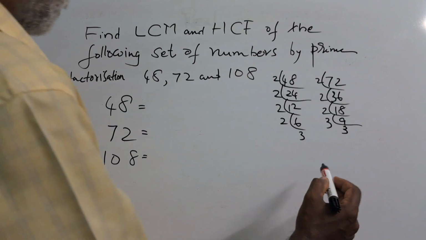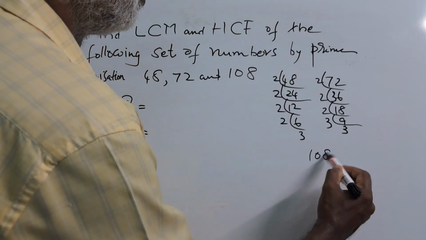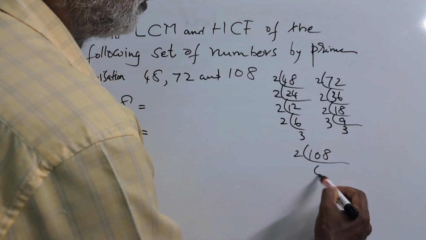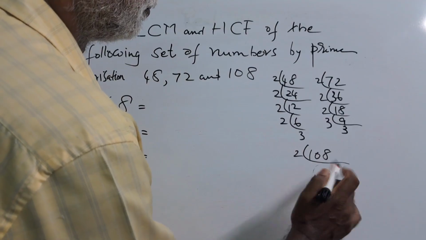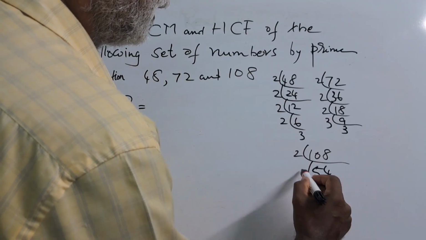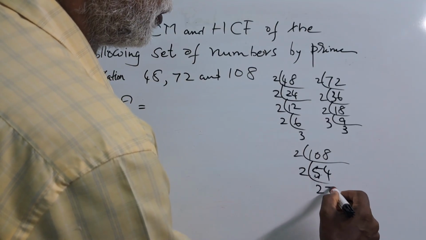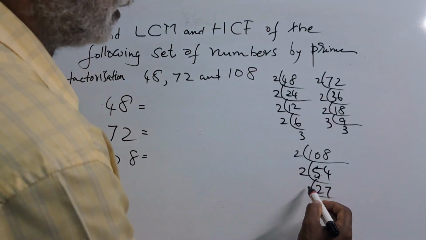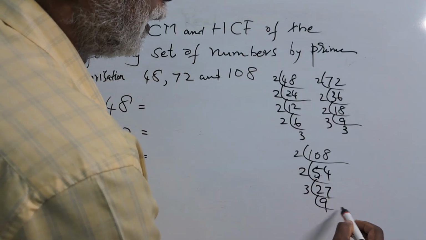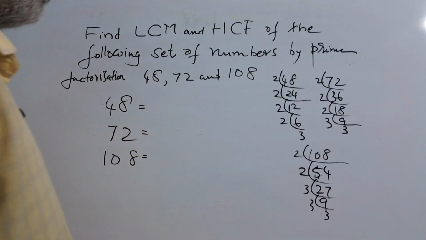Now we have 108. Divided by 2 you get 54. Again by 2 you get 27. Now by 3 you get 9. Again by 3 you get 3.